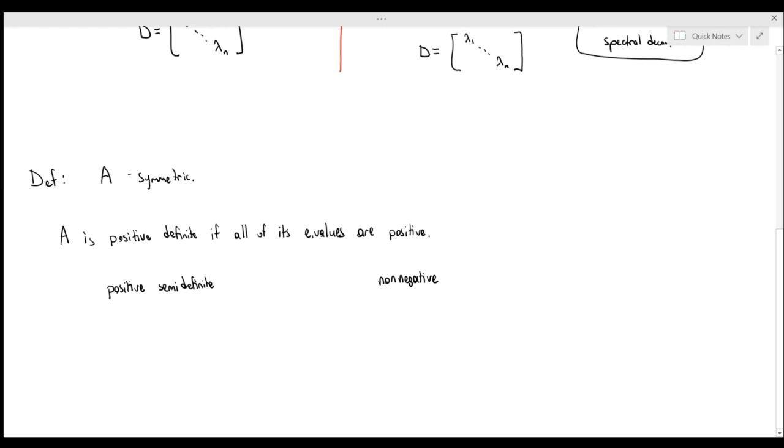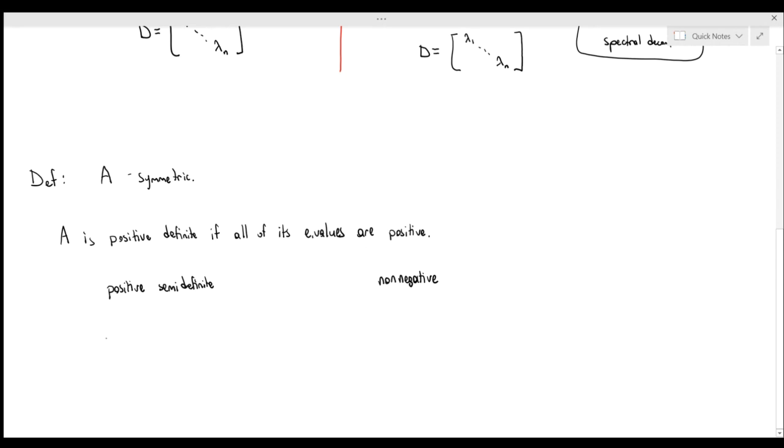Okay. So the difference between positive definite and positive semi-definite is that if it's positive definite, all of its eigenvalues are strictly positive, so all strictly greater than 0. If it's positive semi-definite, then they're all non-negative, meaning greater than or possibly equal to 0, okay?